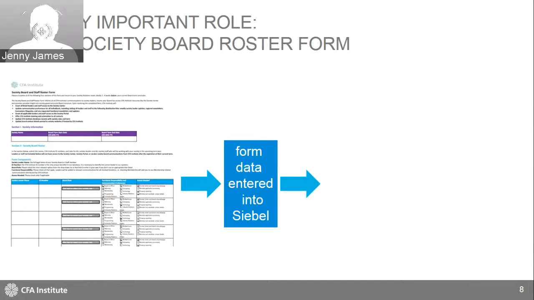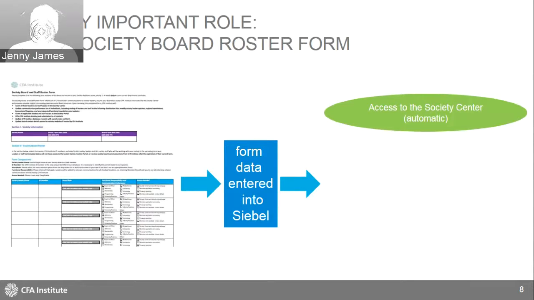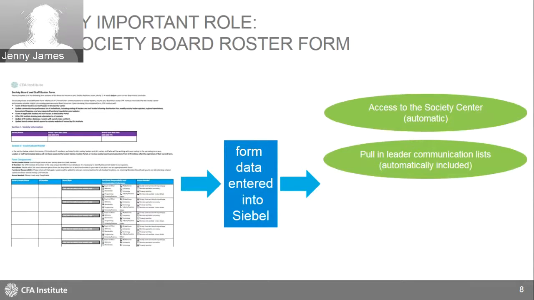So once the forms are received by the regional teams, they are manually data entered into Siebel by the regional coordinators. Once that is done, at 8 a.m. the following morning, they automatically will receive access to the Society Center. They also will start to pull in society leader communication lists.